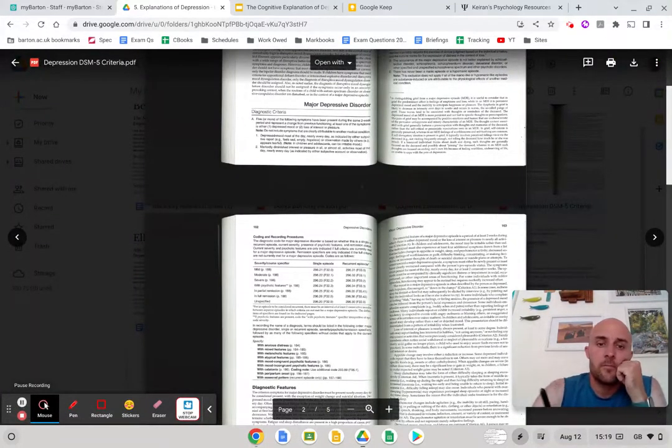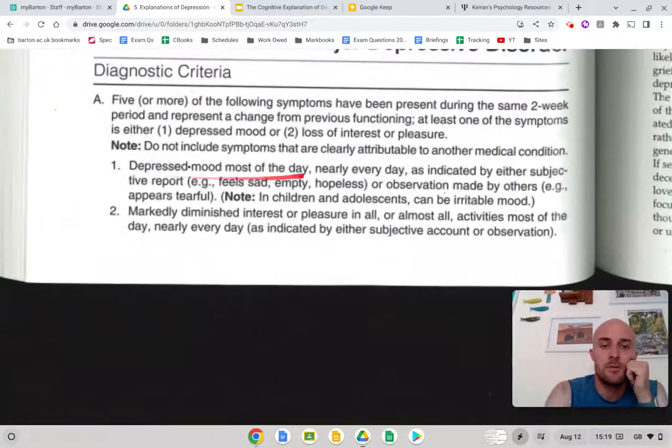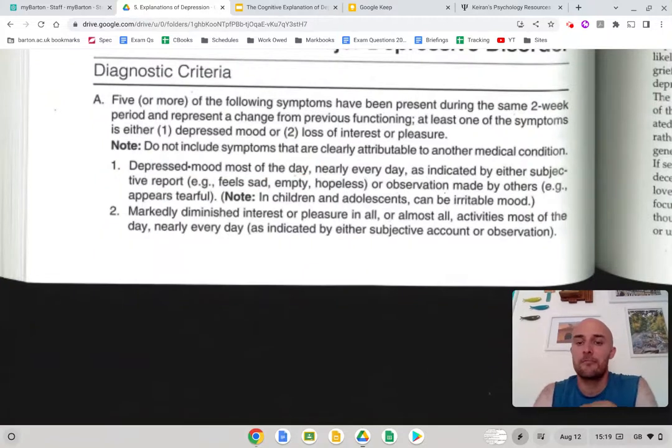Anyway, so the first symptom is a depressed mood most of the day, nearly every day. Pretty easy. That one's what most people think depression actually is. And the second one is a loss of pleasure or interest in the things you used to find interesting or pleasurable.